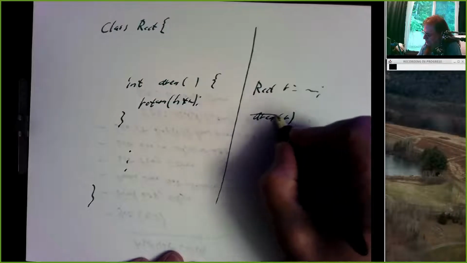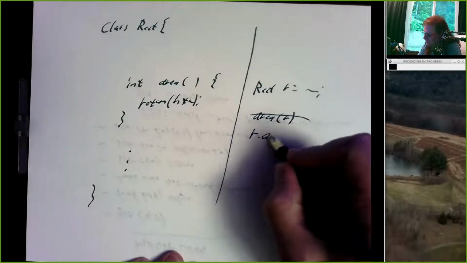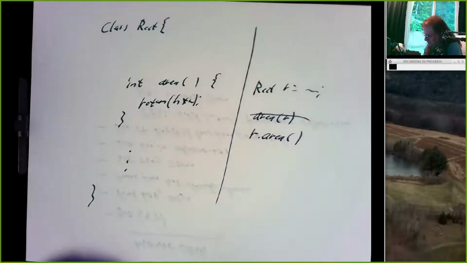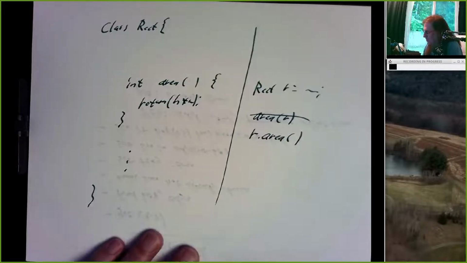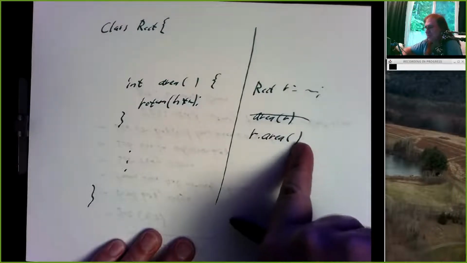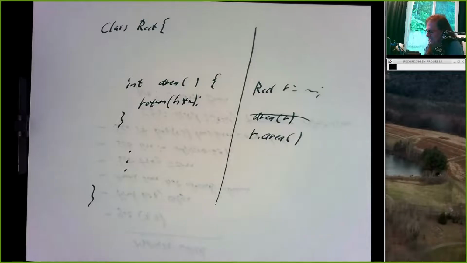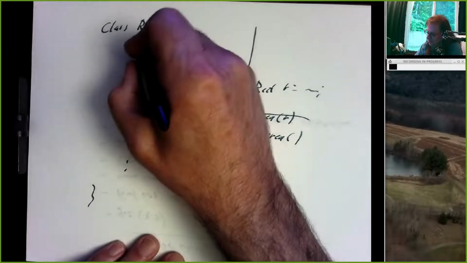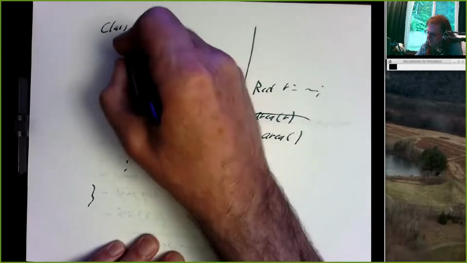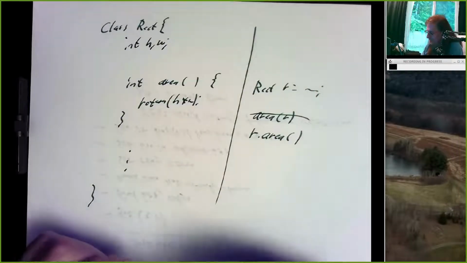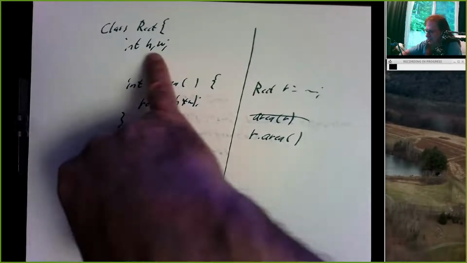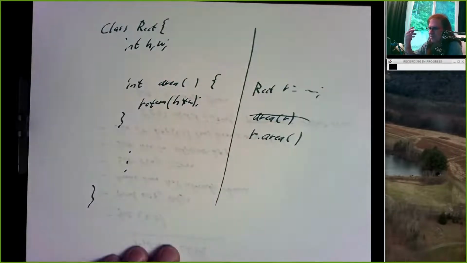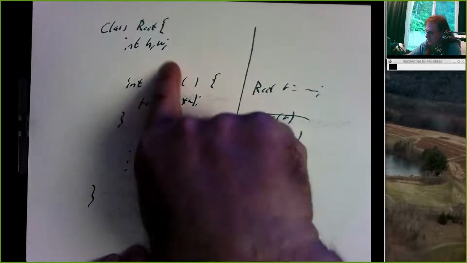What we want to do is say, here's the object, let's call its area method. And we don't specify the height and width as arguments here. We rely on the fact that inside this Rectangle class, there's a pair of integers, h and w. Now these kind of look like globals inside this class. Any method inside here that talks about h is going to access this integer, unless it's been redefined. W is always going to access this.